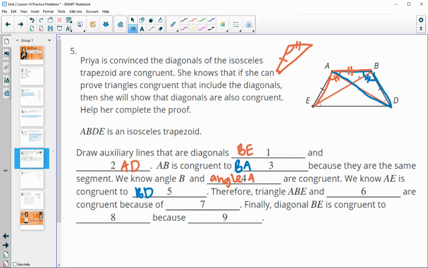So triangle ABE is congruent to BAD because of side, angle, side. So finally, then we would know that diagonal BE is congruent to AD because they are corresponding parts of congruent triangles.